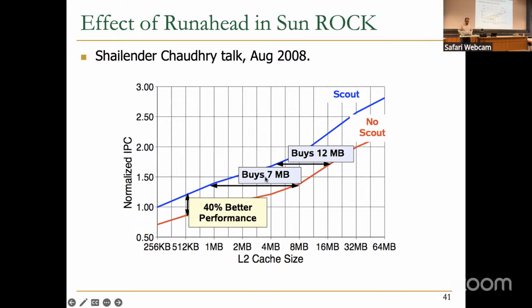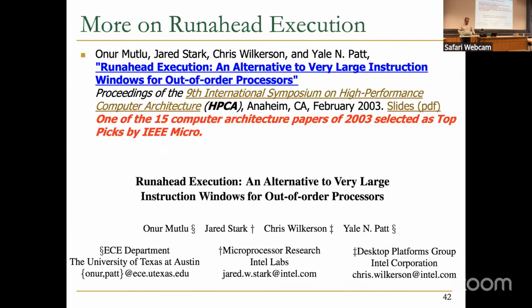You can, for example, save 7 megabytes of cache here. And clearly, Runahead is not that expensive. Runahead is much more lightweight compared to 7 megabytes of L2 cache. So this is an important analysis that confirms the kind of results that we provided in the Runahead paper, and it is always good to get similar results from other works.